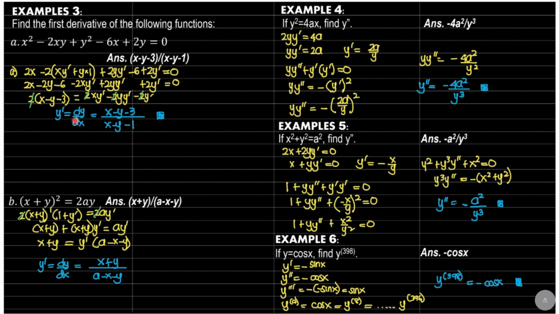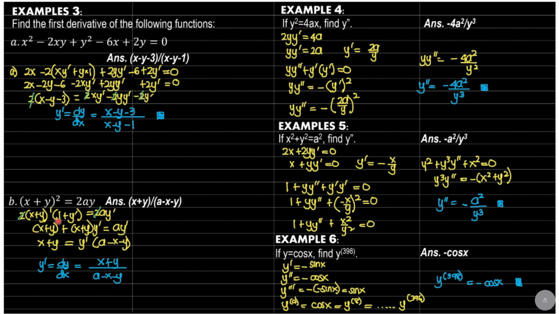Therefore, y prime dy dx is x minus y minus 3 all over x minus y minus 1. So that's the answer. Then letter B, quantity x plus y squared equals 2ay. So differentiating power formula, 2 quantity x plus y raised to 1, or quantity x plus y. Then derivative inside, derivative of x plus y is quantity 1 plus y prime. Then derivative of the right side is 2a y prime.